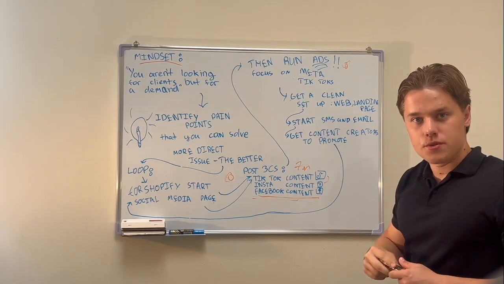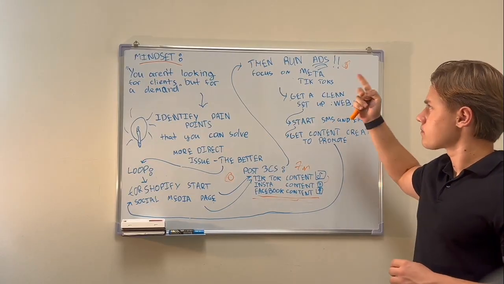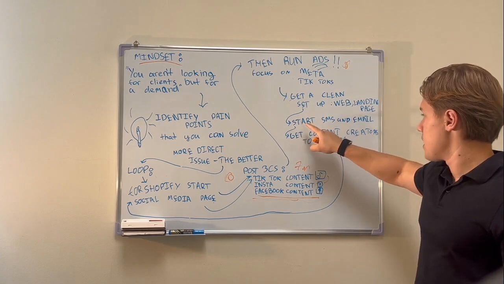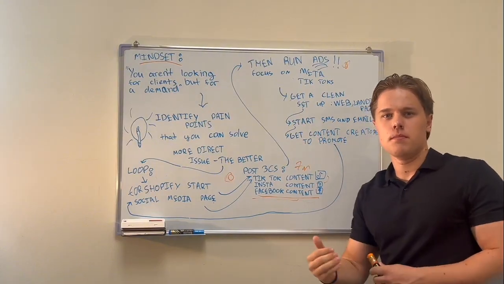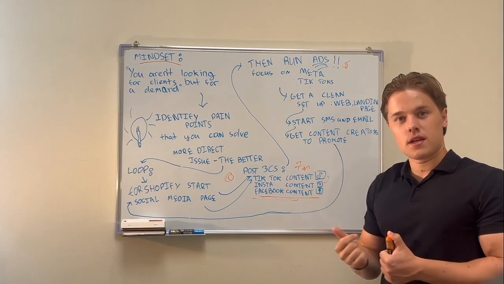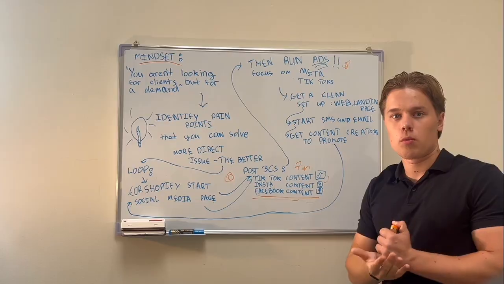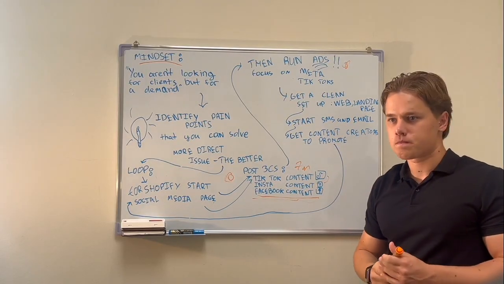Then start SMS and email outreach. As long as people see your content and interact with your ads, only then can you start SMS and email. What SMS and email does is basically retarget those people who were once interested in your product, in whatever you have to offer.